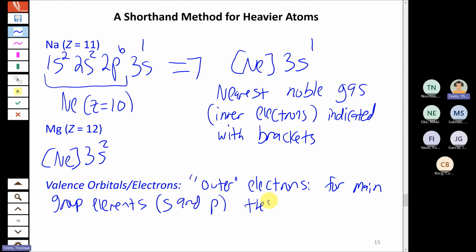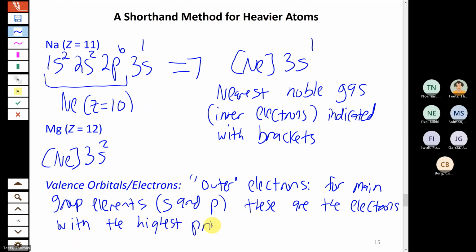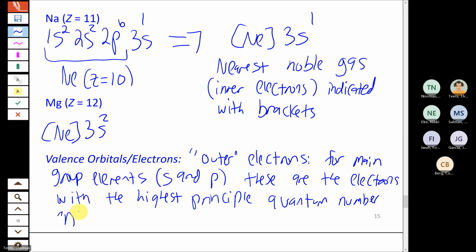So for the main group elements, these valence electrons are the electrons with the highest principal quantum number. So it would be whatever the outermost S and or P electrons would be.